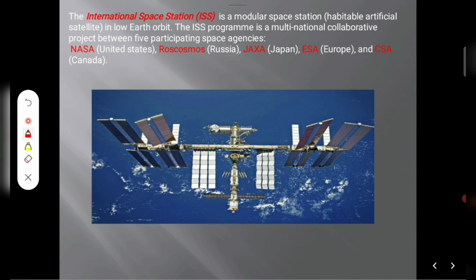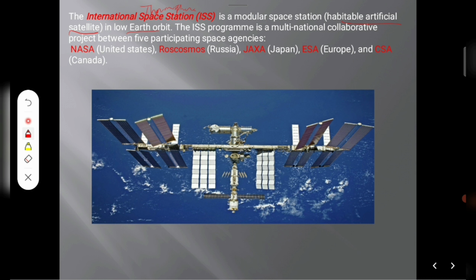Lastly, the International Space Station. It is a habitable artificial satellite present in the low Earth orbit. We can say it is present in the thermosphere.